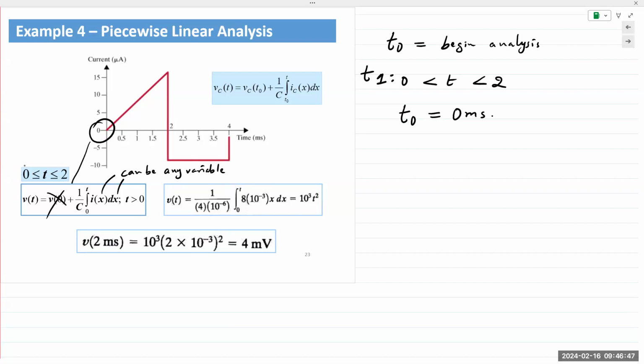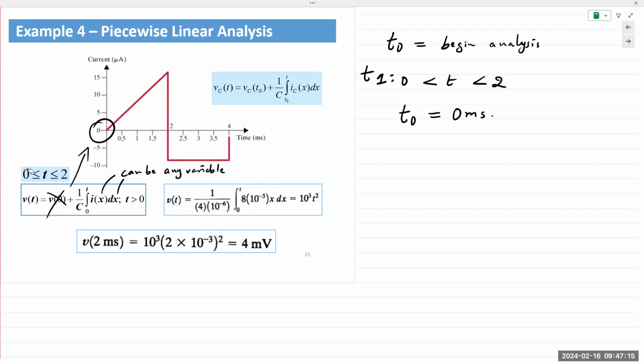Neither the problem statement nor the figure gives me a value for the initial voltage. If it's not given, you can safely assume it to be 0, so there is no stored energy in the capacitor. The initial stored voltage would be 0. I don't have to worry about that term. I only have to worry about this.